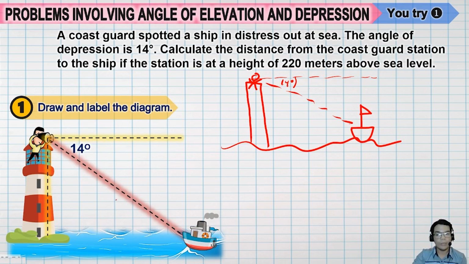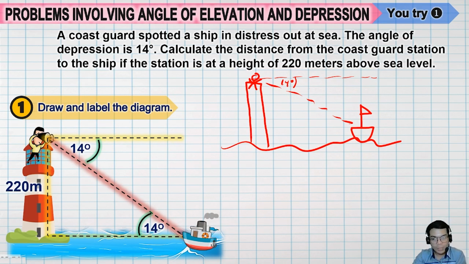Now, since we have two choices, pwede ba na parehas lang naman yung triangle na tinutukoy doon? Pwede. Kasi sinabi sa video kanina that if you have this one as 14 degrees, that's gonna be your angle of depression. That's also equivalent or congruent with the angle of elevation if you are looking from the ship going to the Coast Guard. Bakit sila congruent?